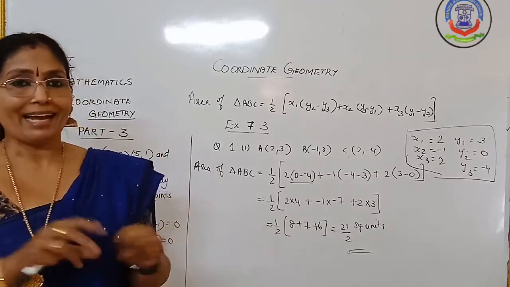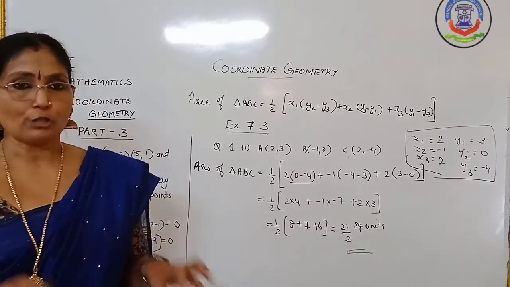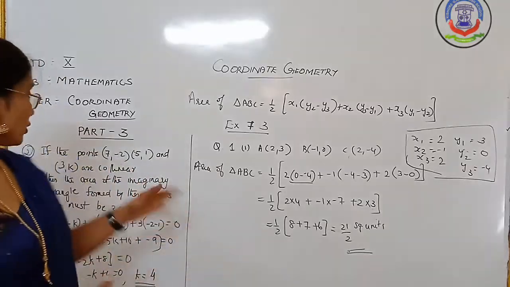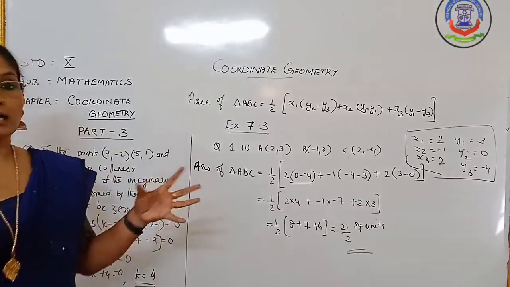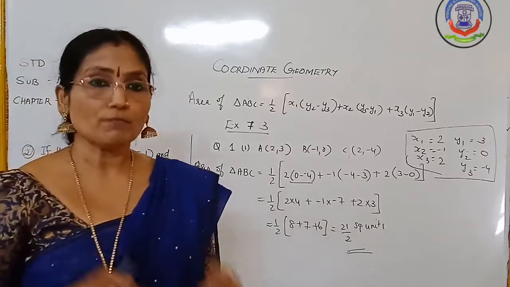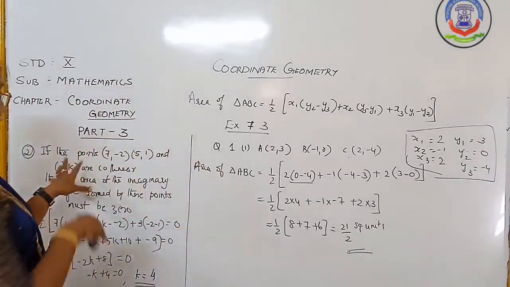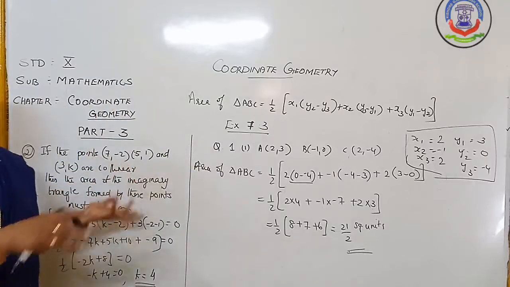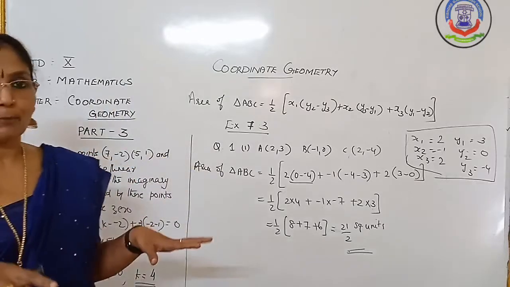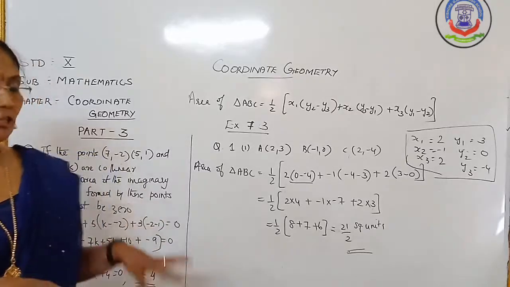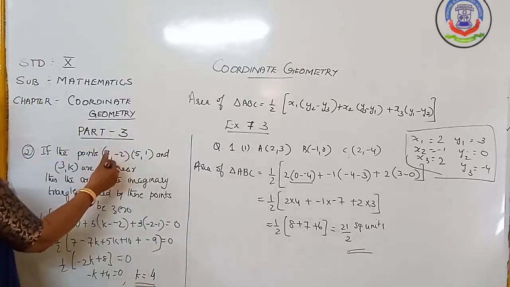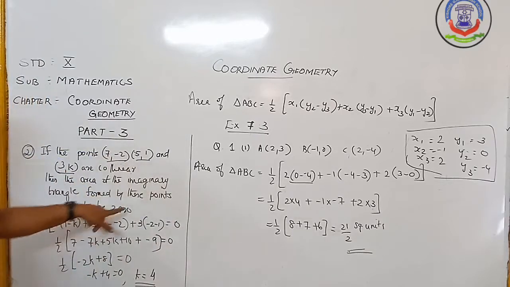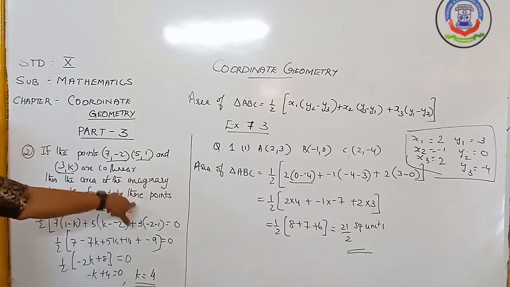But you suppose that the area of the imaginary triangle formed with the vertices 7, minus 2, 5, 1 and 3, k is equal to 0. That means the area must be 0.